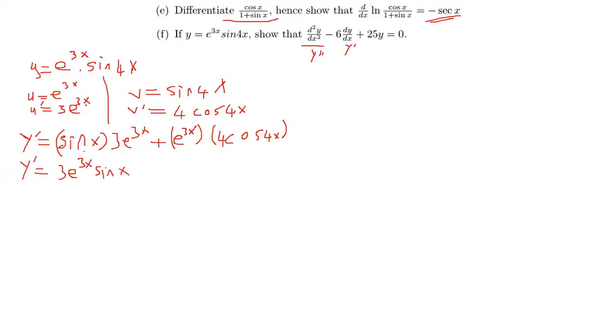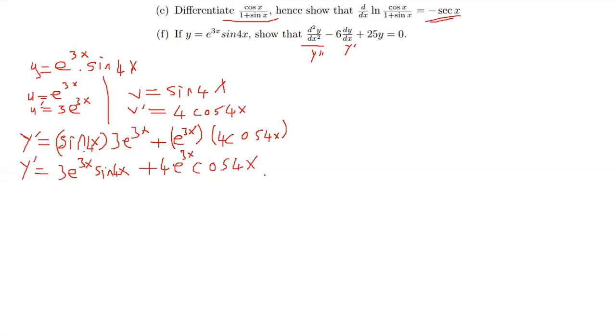I don't know where I got sine x from; this is supposed to be sine 4x, sorry. So this is going to be 3e to the power 3x times sine 4x, and then you add, when you multiply that, 4e to the power 3x cos 4x, like that.